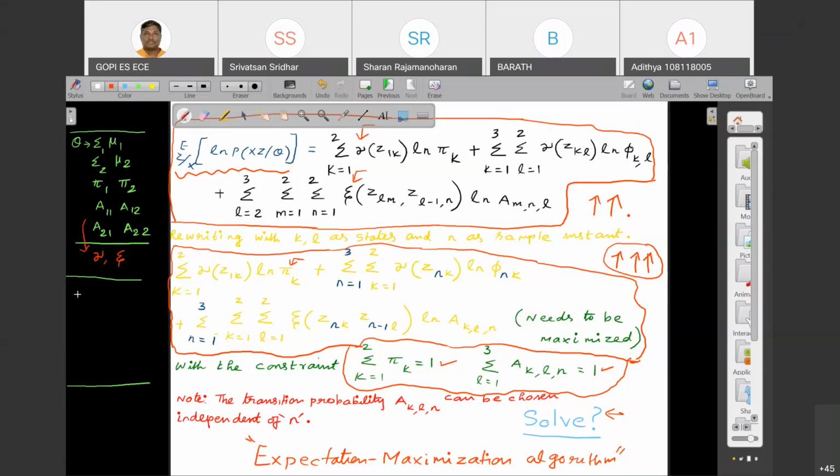I will tell you how to find the expected value of that, but as of now you have to understand what the expectation maximization algorithm is. Identifying the expected value of gamma and zeta is what we call the expectation stage.